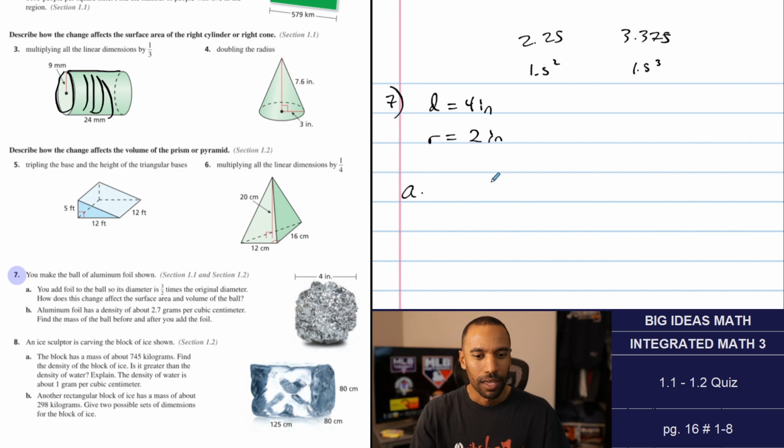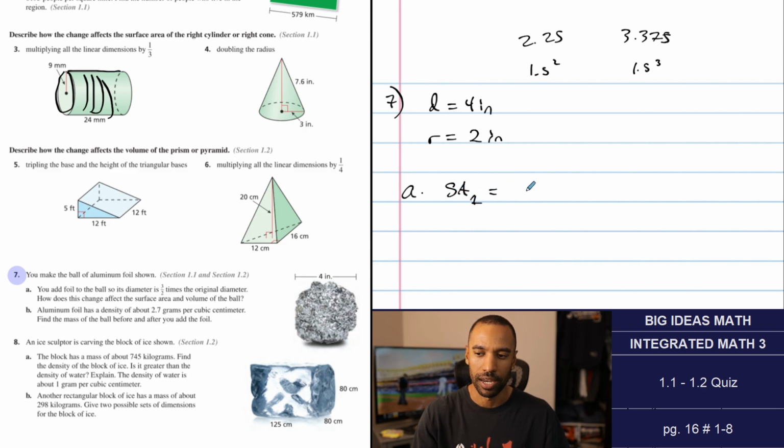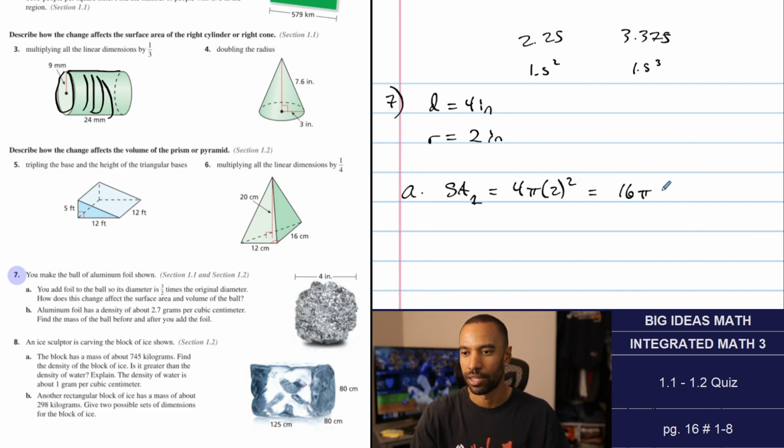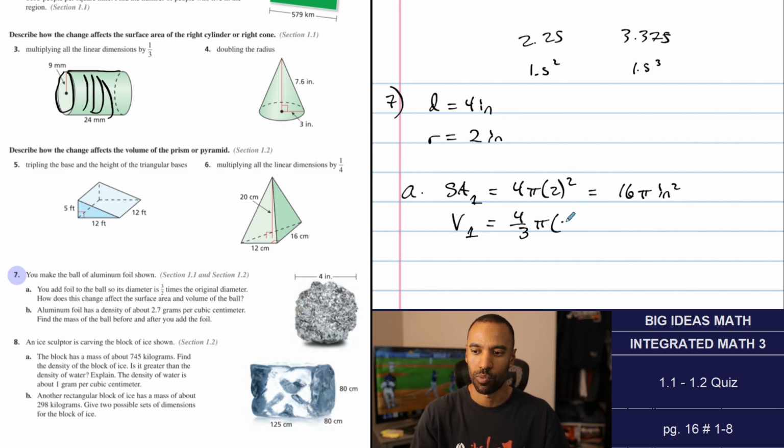Let's see. Original ball surface area and volume. Surface area of object 1 is 4 pi r squared, which is 16 pi square inches. Volume of object 1 is 4/3 pi times radius cubed. 8 times 4 is 32, so 32/3 pi cubic inches.